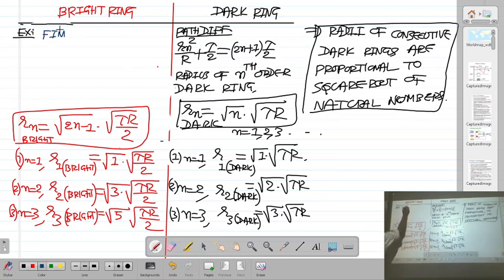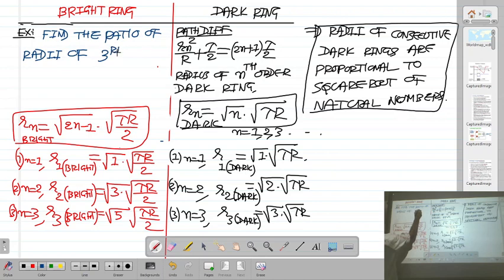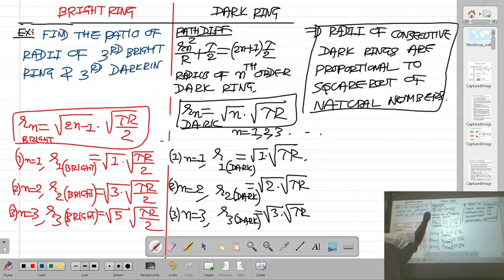Find the ratio of the radius of the third bright ring and third dark ring in Newton's ring experiment. What are you asked?